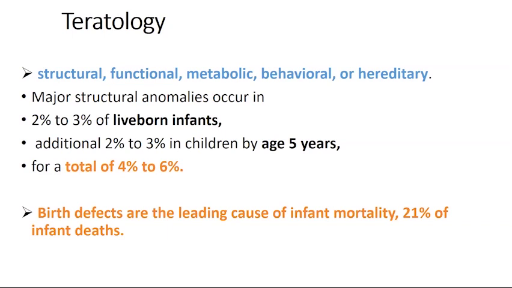So for a total of 4 to 6%, some anomalies are very obvious immediately at the time of birth, and some occur by the age of 5 years and are gradually detected. They were not obvious at the time of birth, but they become obvious as the body grows. So you can say about 4 to 6% of total live births have these anomalies.